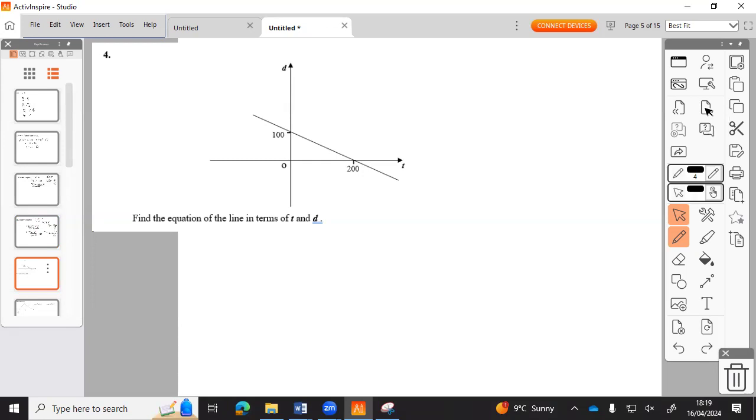Okay, find the equation of the line in terms of T and D. Now the equation of a straight line is y equals mx plus c. M is the gradient.